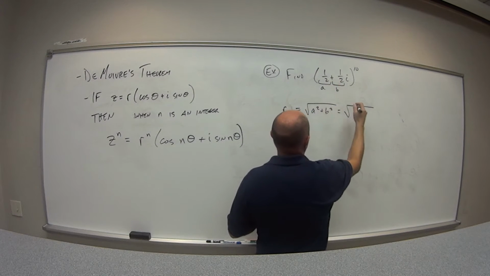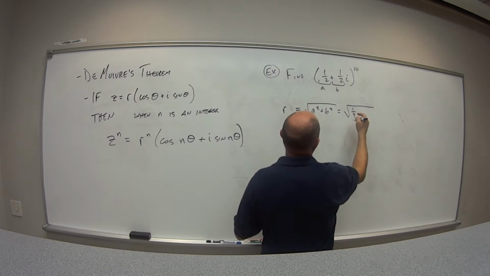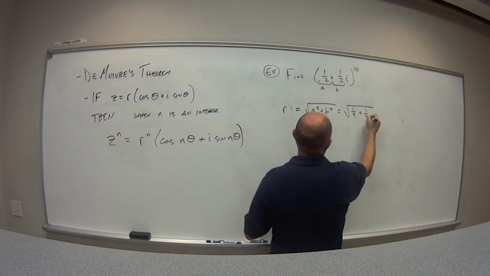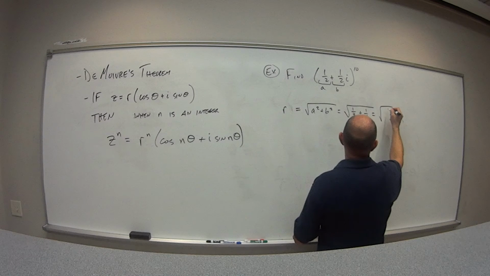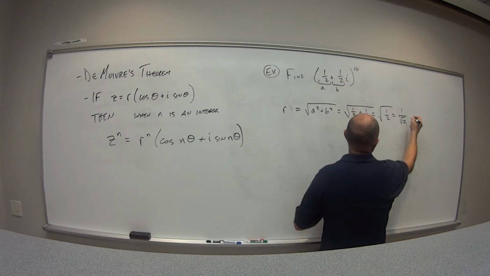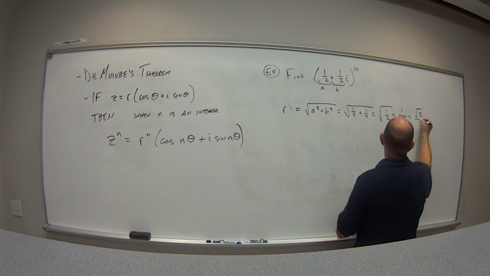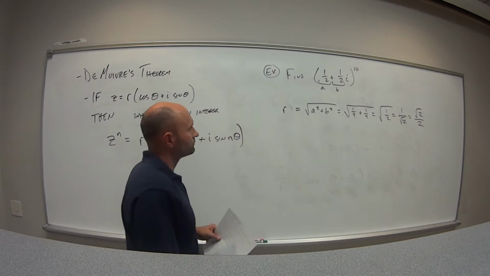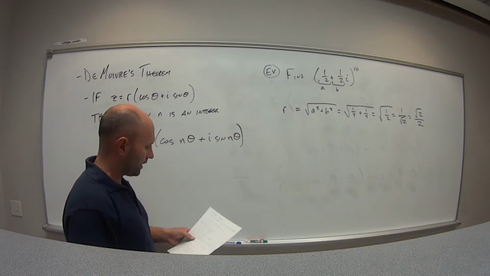So a is 1/2, that squared is 1/4, and 1/2 squared again is 1/4. So that's the square root of 1/2, which is 1 over square root of 2, which is the square root of 2 over 2. That would be our value for r.